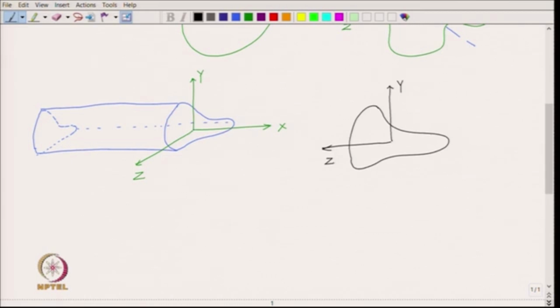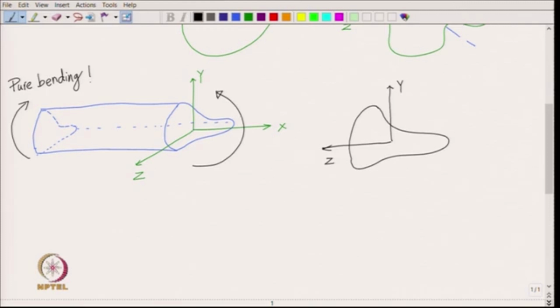And let us just think of pure bending for now. To begin with, we will do pure bending, which means we only have terminal bending moment acting on this beam.